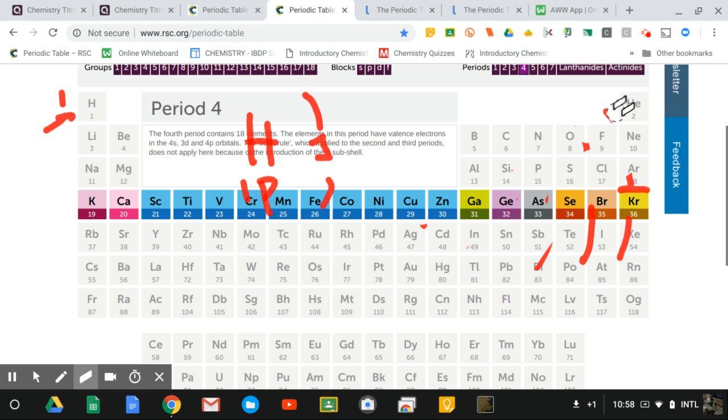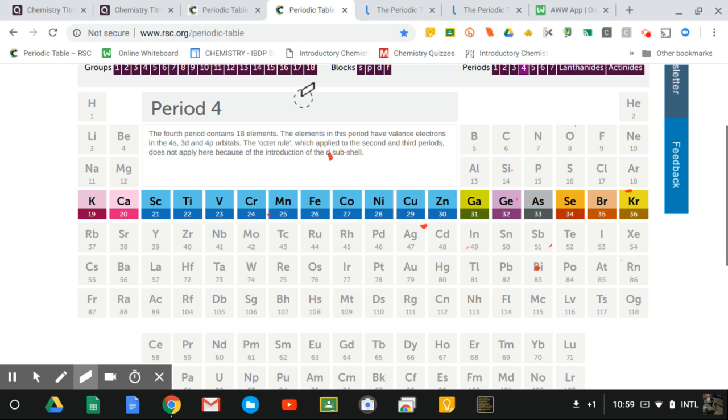Let's now check the most important group that we are going to work on this class. I wish it will erase all at once, but no, apparently it doesn't have that feature. Okay. Let's go to group one.